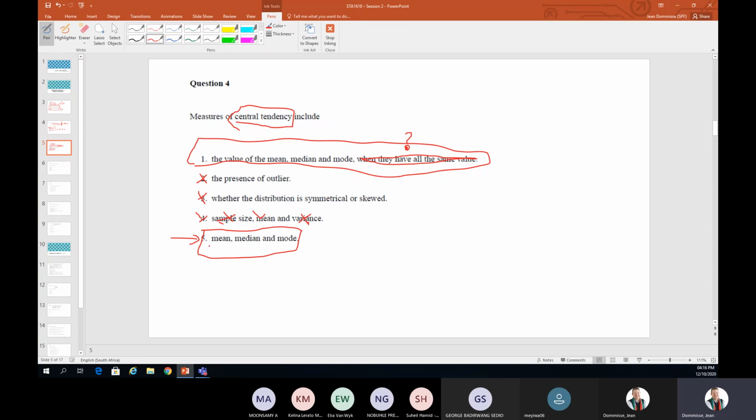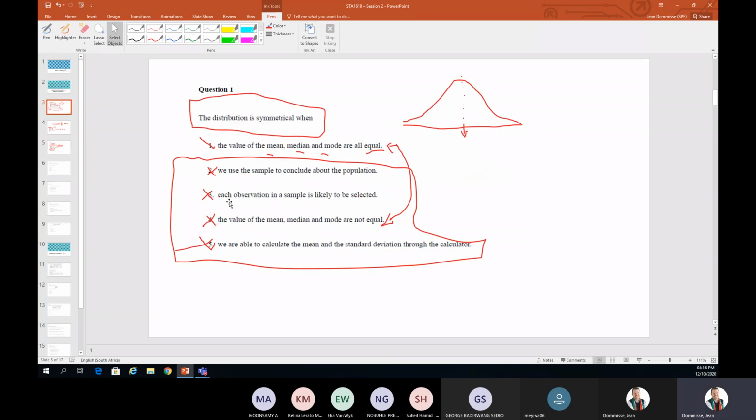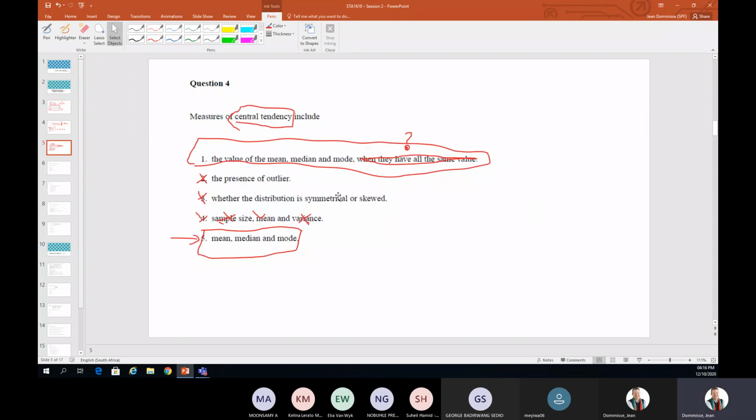Okay, so a technical one here, and you can see with this one and this one, very technical on the theory part.